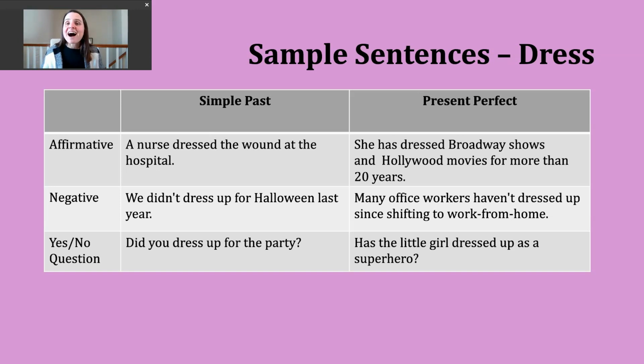If our subject is I, you, we, or they, we're going to use have, and then we'll use the participle form of the verb. Because dress is a regular verb, the participle is the same as the past tense. Okay? Now, if our subjects are she, he, or it, we'll use has and then the participle form of the verb. You can see that in my example.